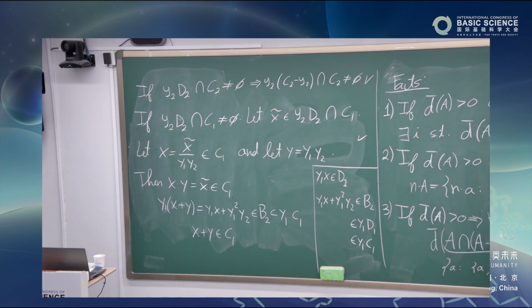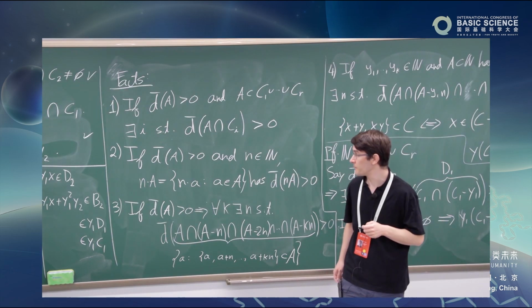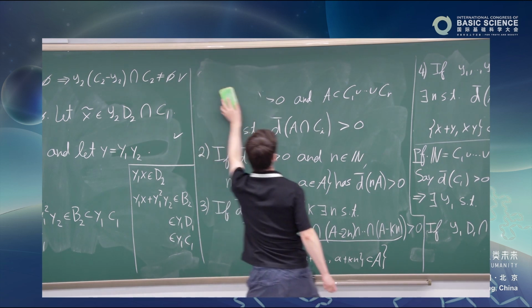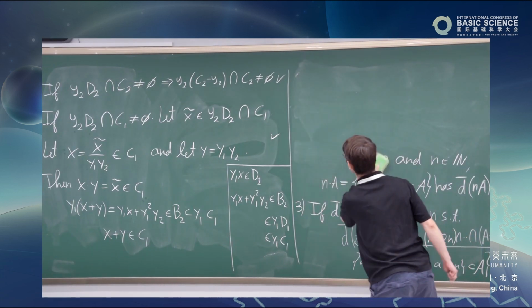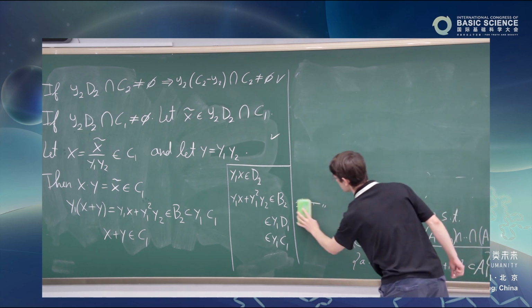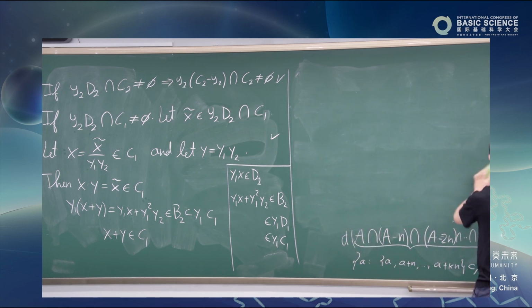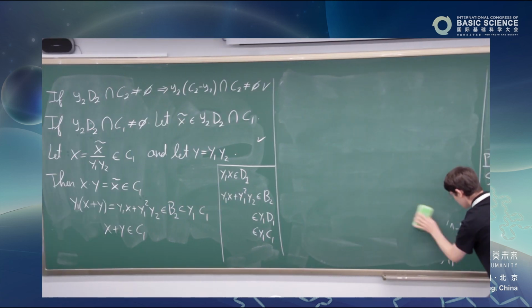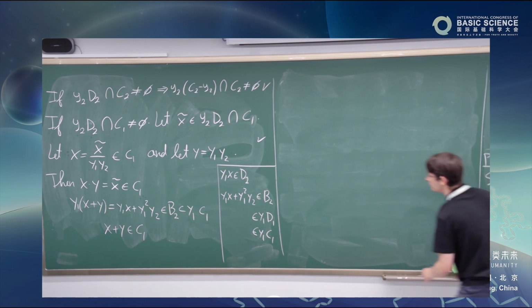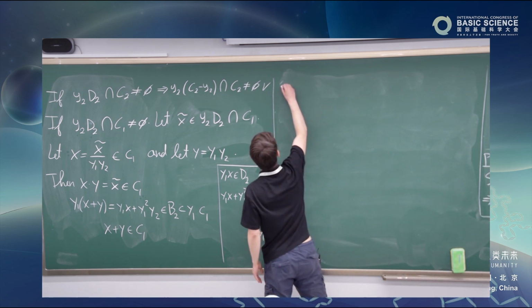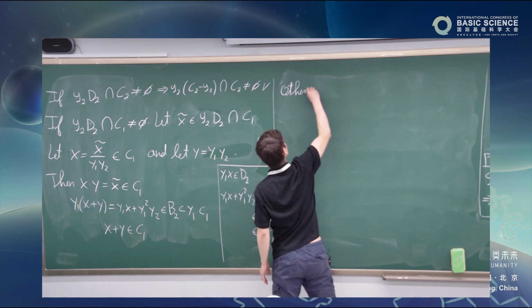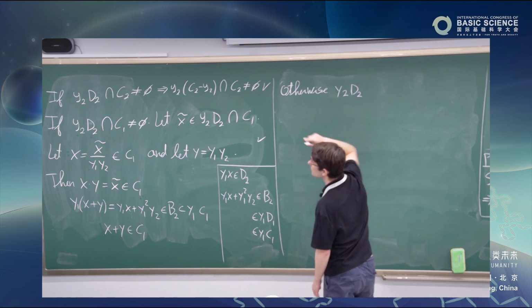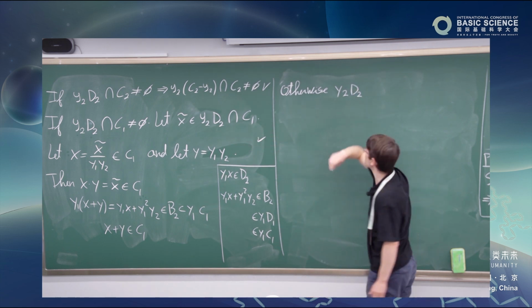And so we move to the case where I remove two colors. Otherwise, if it does not intersect C2, it does not intersect C1.